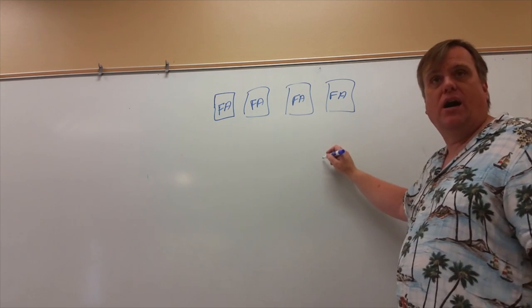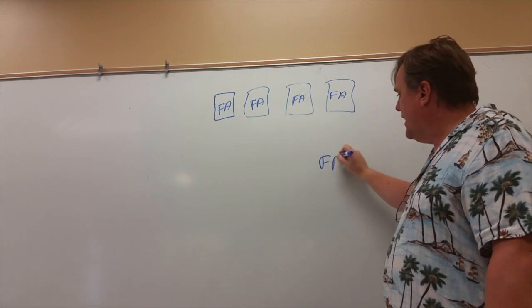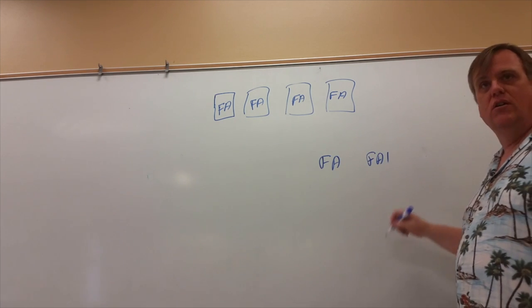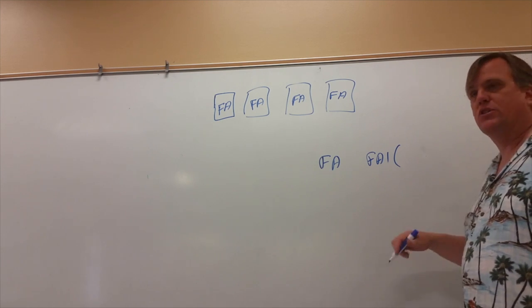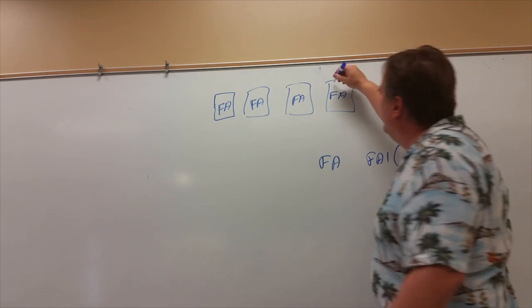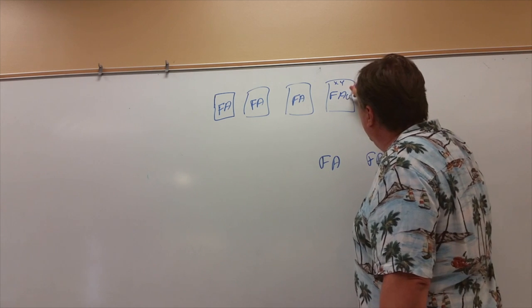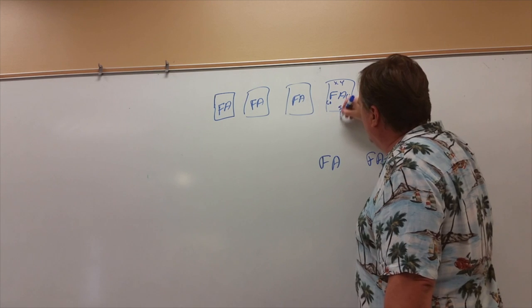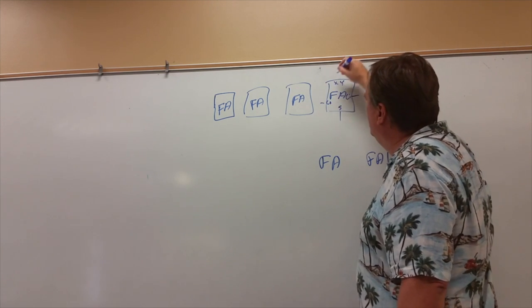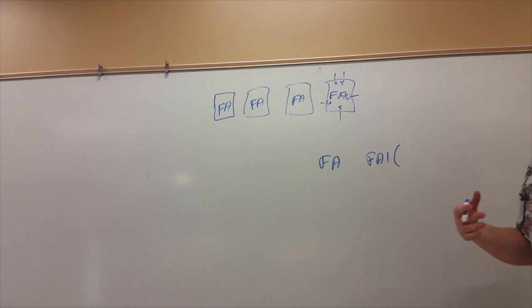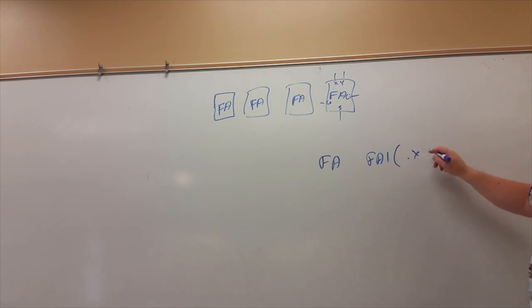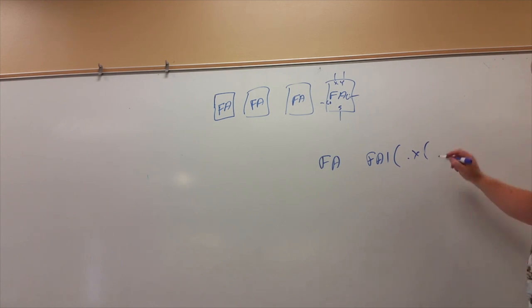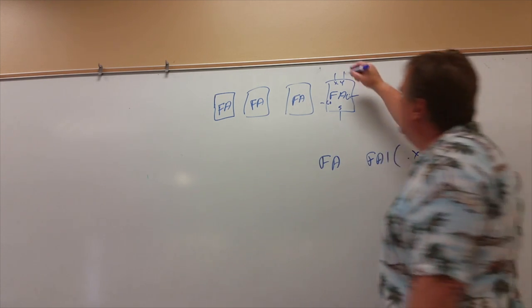I could come into a module, and inside that module, I could just declare type full adder, FA1, and I could pass in the appropriate stuff. Imagine their names were X and Y, and CI for C in and COUT for C out and S for my sum. You can imagine those are my internal names. So I can now go .x and feed to it whatever its appropriate thing is. For simplicity, I'm going to hook A to it.